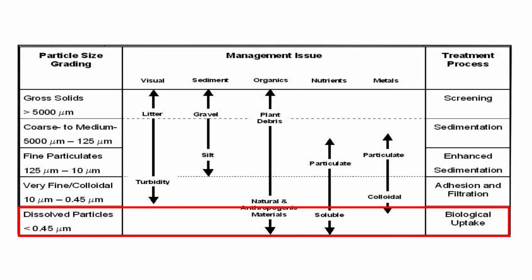And that is simply about holding the water in a pond or a tank and basically allowing the heavier solids to settle out, so sedimentation. There is also the process of enhanced sedimentation, whereby we would use vegetation to also act as a filter to remove those fine particulates and at the same time allow gravity to let these solids settle.